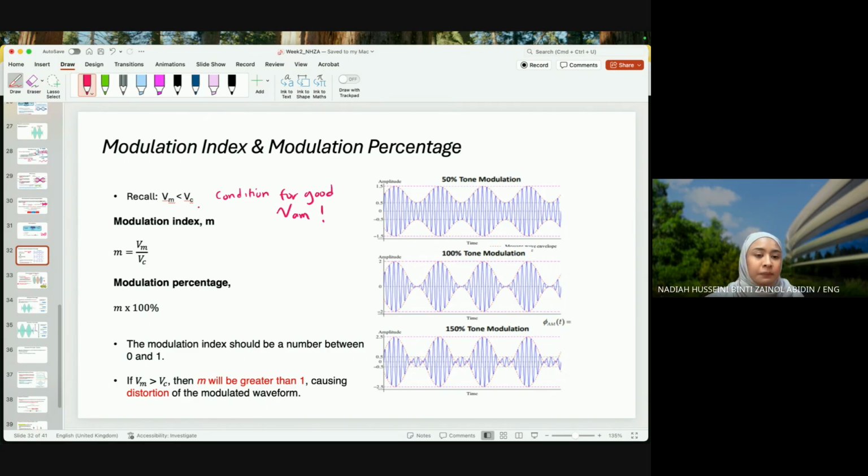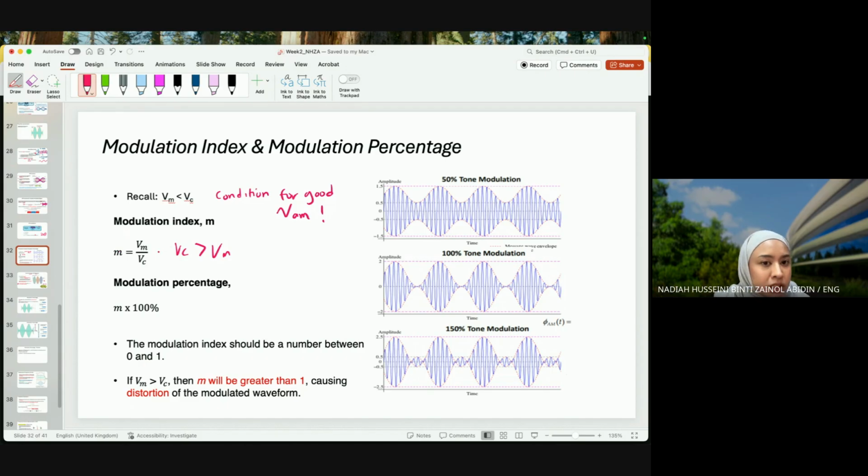Now, how do you remember if VM is the top or VC is the top? Remember that VC needs to be bigger than VM, so the bigger one always goes at the bottom. That's how I remember it. If that doesn't work for you, find a way that you can memorize it. So VM over VC gives us the modulation index.